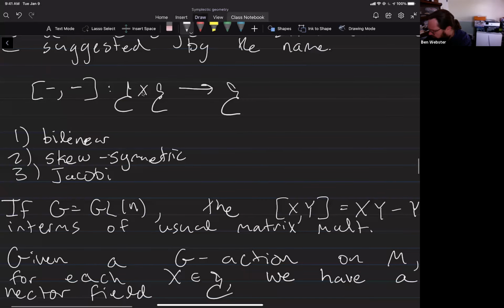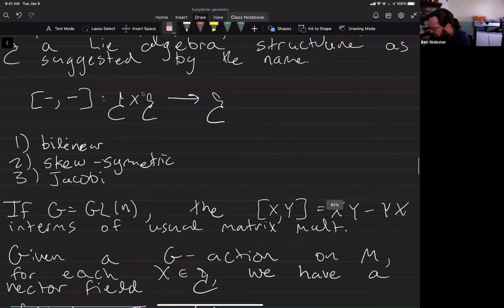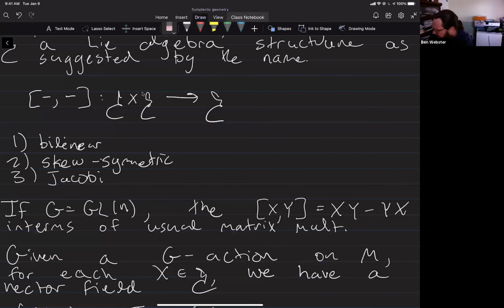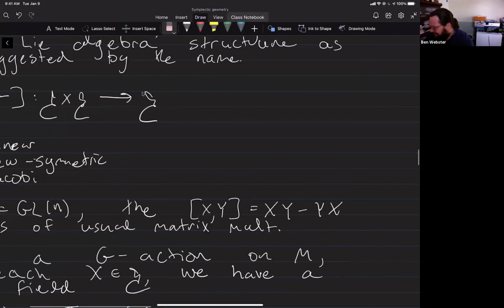And I'll just note here for GLN, the Lie bracket of x and y thought of as matrices is literally the commutator as matrices. Some amount of work is required to figure out why this is so.